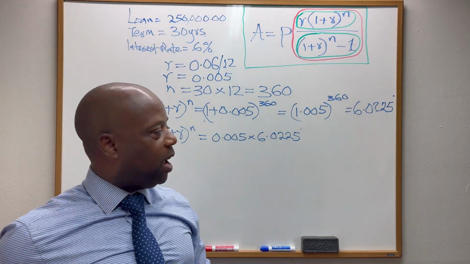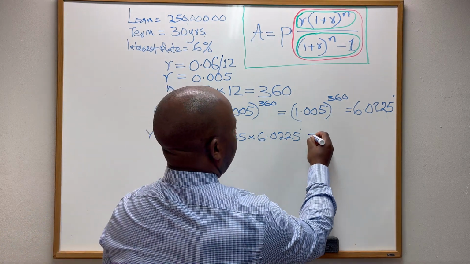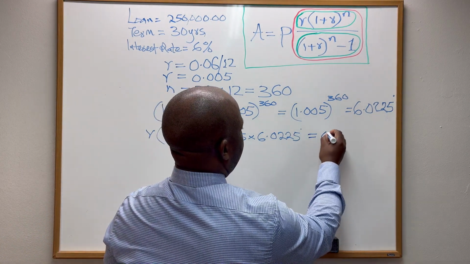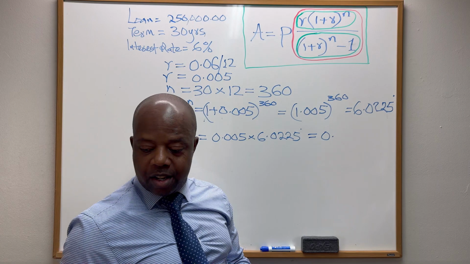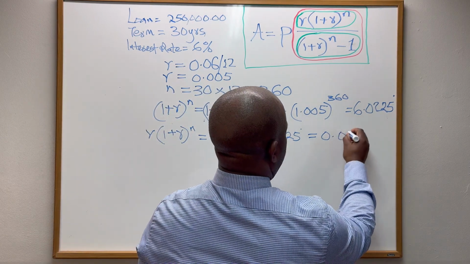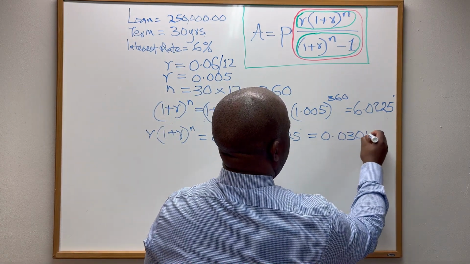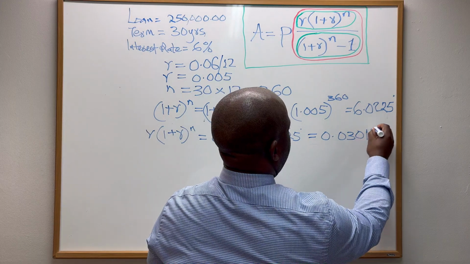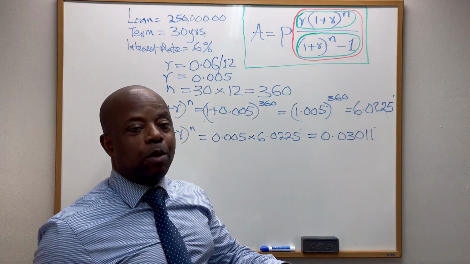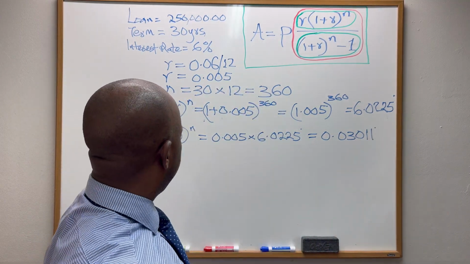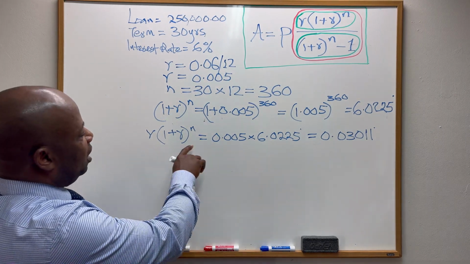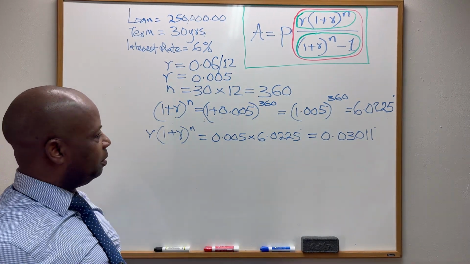And when I multiply that number, it gives me 0.030011. Again, it's a string of numbers which I'm going to use all in the calculation. So this is our numerator.